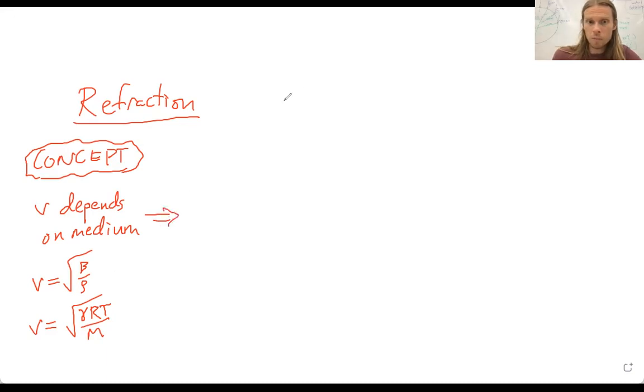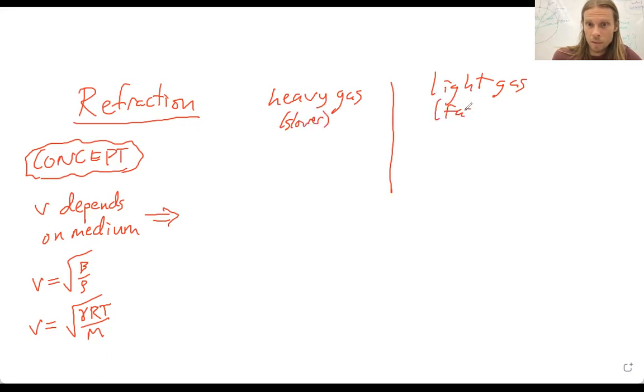So if I go from, say, a heavy gas to a light gas, well, what does that mean? It means it goes faster. So this is slower, this is faster, right?